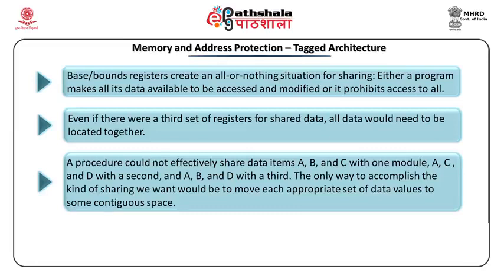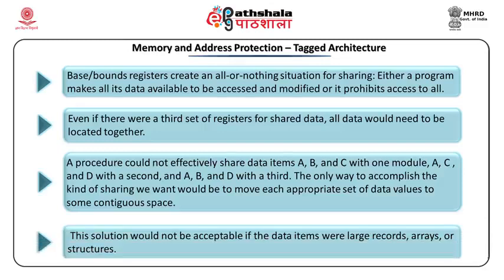So, modules A and C are unnecessarily repeated, because base and bound registers need the modules to be contiguous. This solution would not be acceptable if the data items are large records, arrays or structures, because repeating the items would unnecessarily occupy the memory.